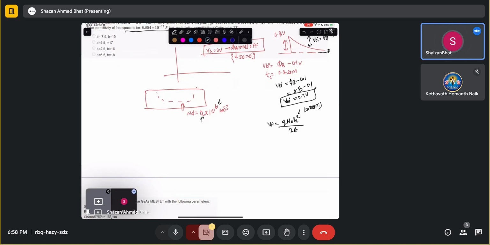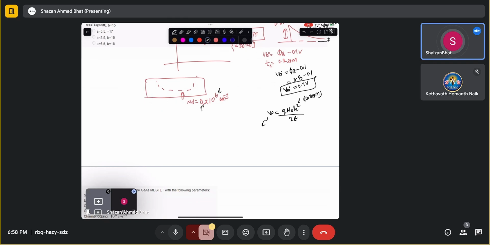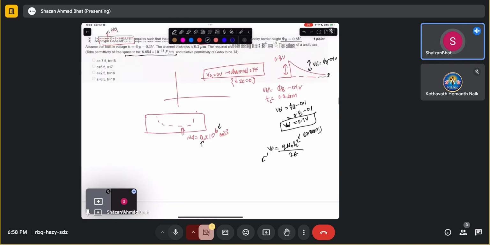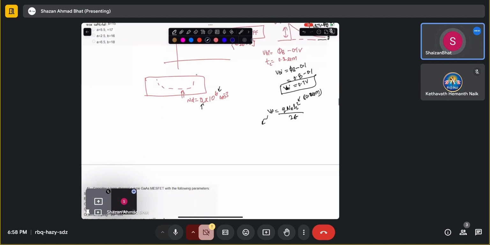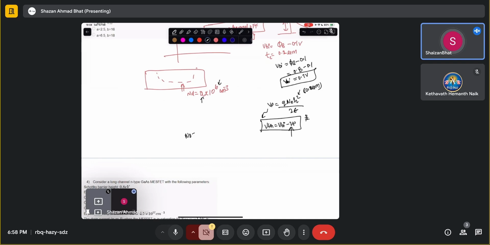Okay, so all other information is given except VP. VP you can find by, because VTH equals to V built-in minus VP. Every other thing is given. You can compute VP, and you can bring ND equals to 2VP epsilon divided by QH square. So this is the ND, which is the doping concentration.